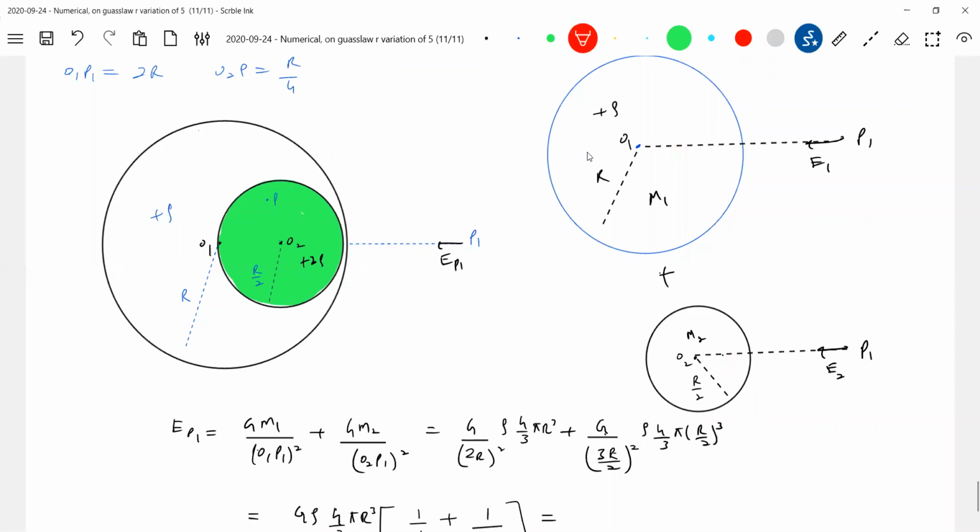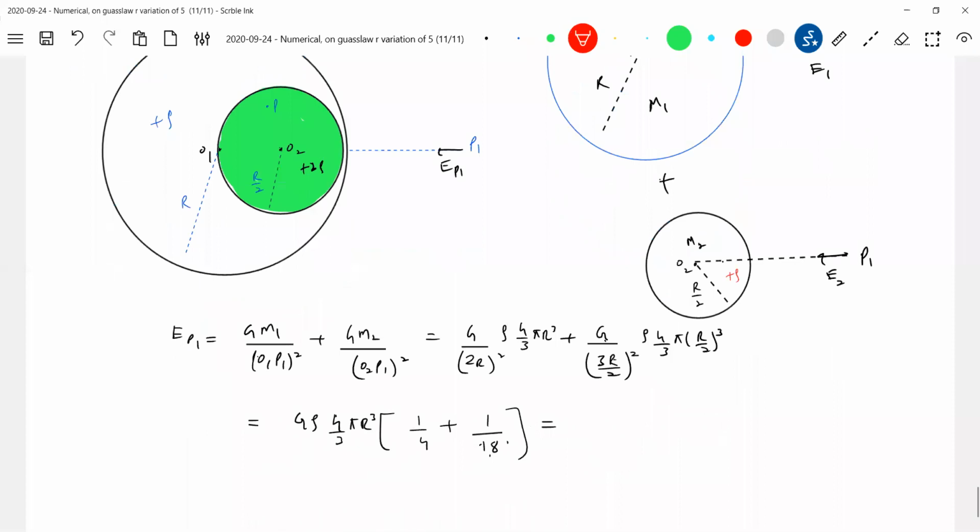I'll keep it with the red color at least. It should be rho only, not 2 rho. And I'll write plus rho again. Okay, fine. Anybody value? And I'll go for the next problem if you give me the value.